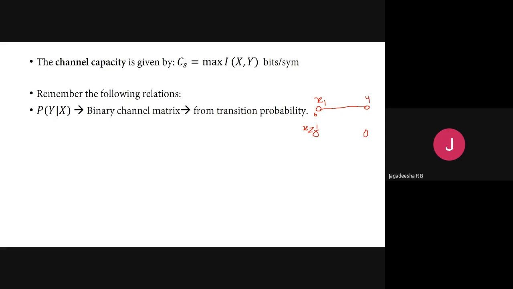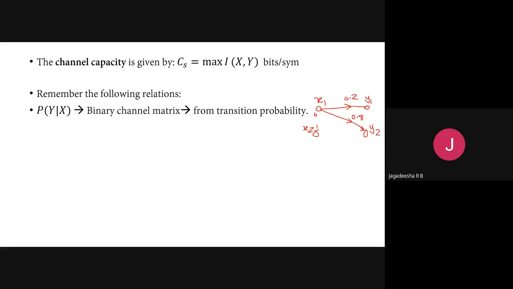One is y1 and the other one is y2. And when we transmit from x1 to y1, you have some probability, maybe 0.2, right? 0.2. And then if we transmit the same 0, it may appear as something else at y2 with a probability of 0.8, right? 0.8.